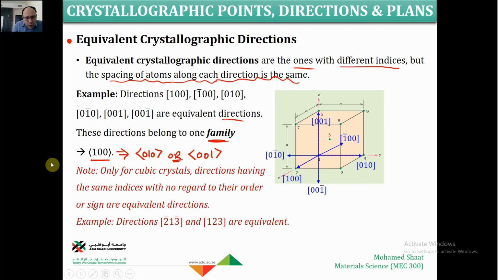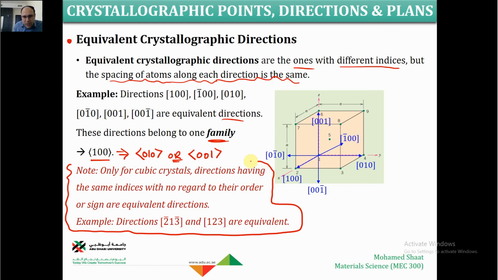There is a very important note here that you should consider for all cubic crystals, whatever it is, FCC, BCC, anything. Any crystal structure that belongs to the cubic system, this condition applies to it. This is only for cubic crystals.